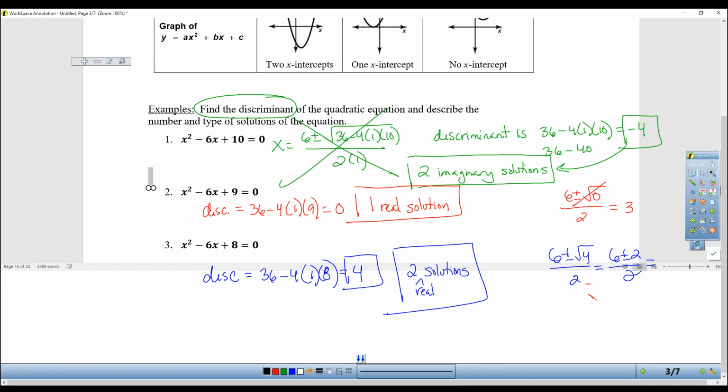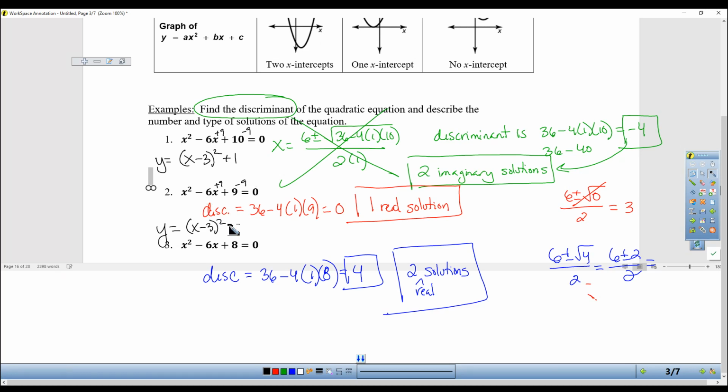So just to practice completing the square again, I'm going to rewrite this as y is equal to x minus 3 squared. 3 squared would give me a 9, so I have to subtract 9, which would be plus 1. y is equal to, again, x minus 3 squared, which would mean I need a plus 9, but then I'd have to subtract 9.